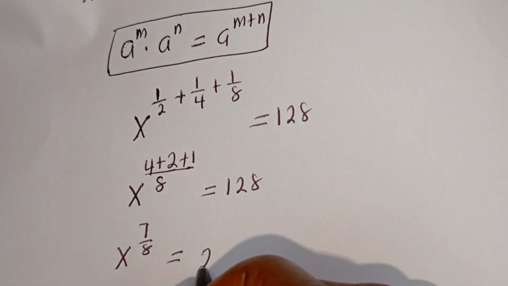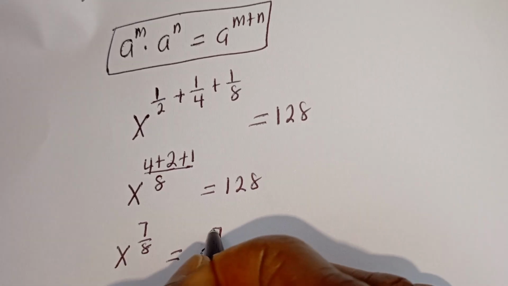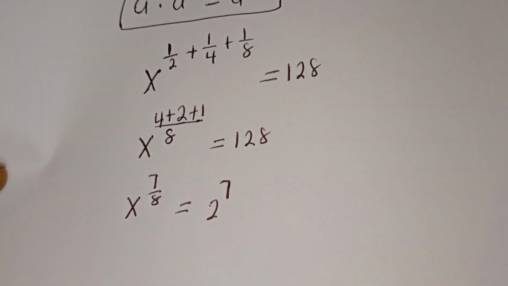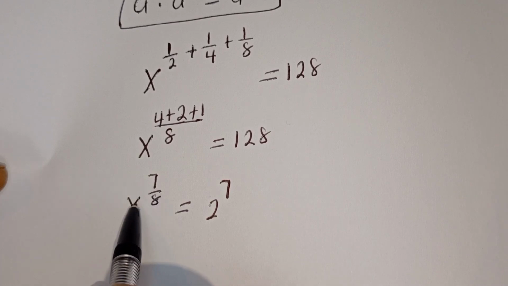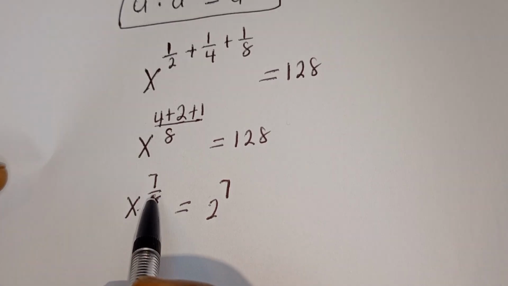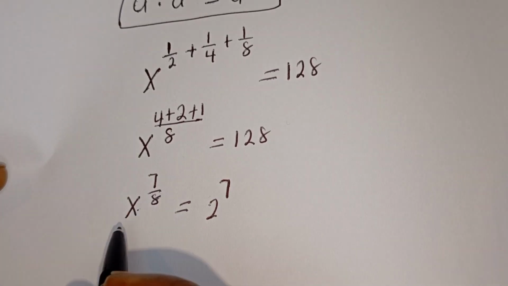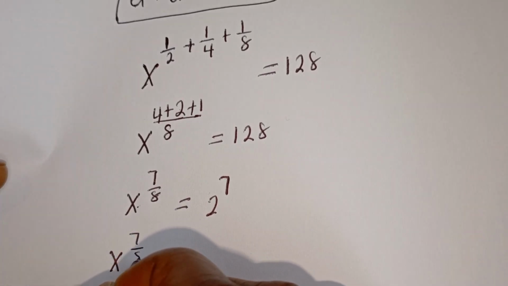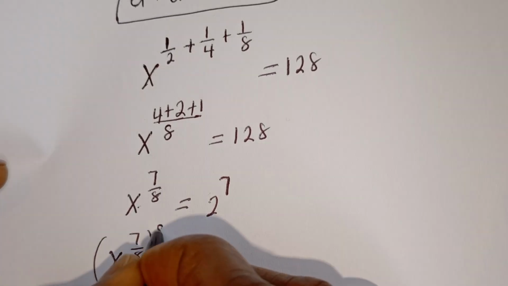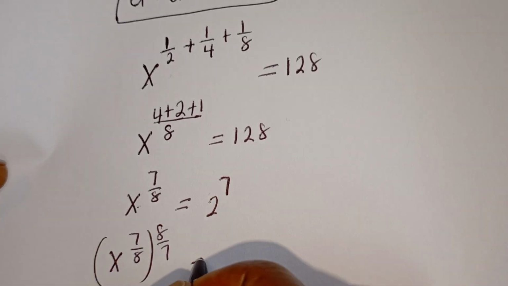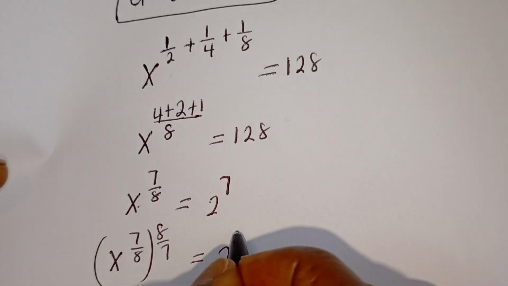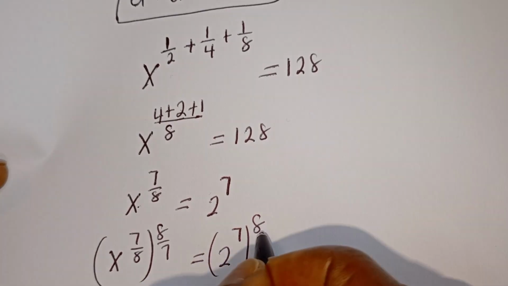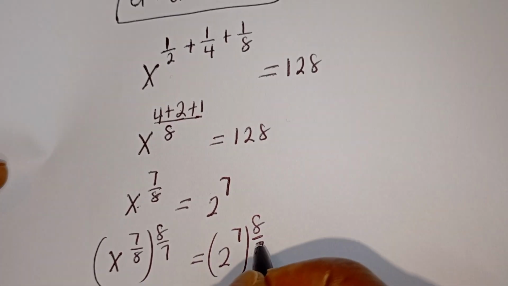which can be written as 2 to the power of 7. But we are looking for the value of s. Let's multiply the exponent of both sides by 8 over 7. That is, s to the power of 7 over 8 multiplied by 8 over 7 is equal to 2 to the power of 7 multiplied by 8 over 7.